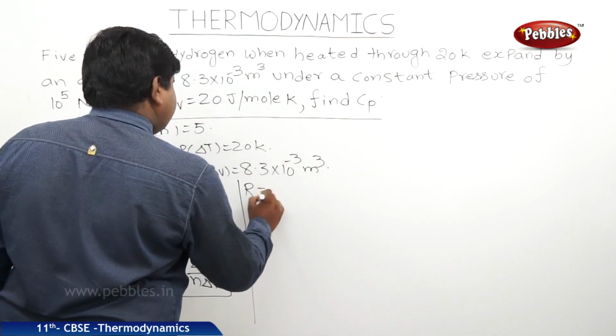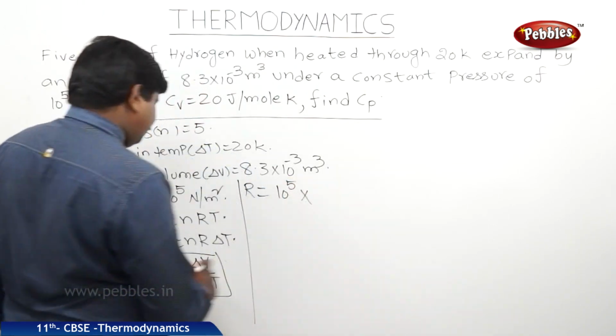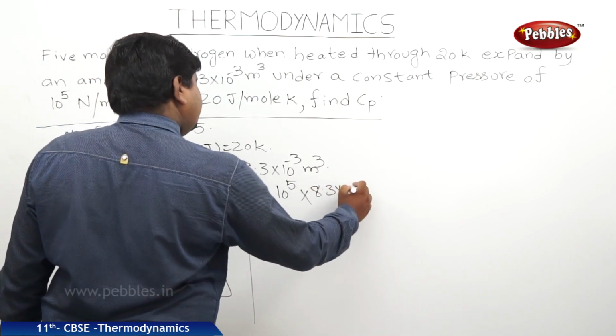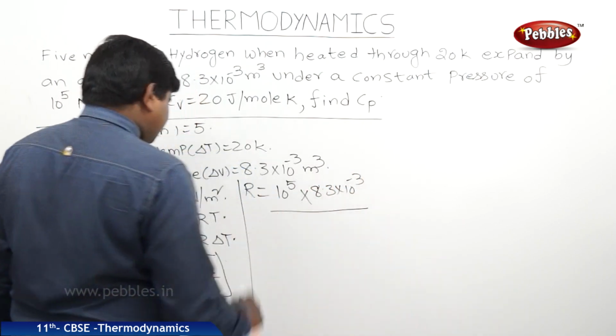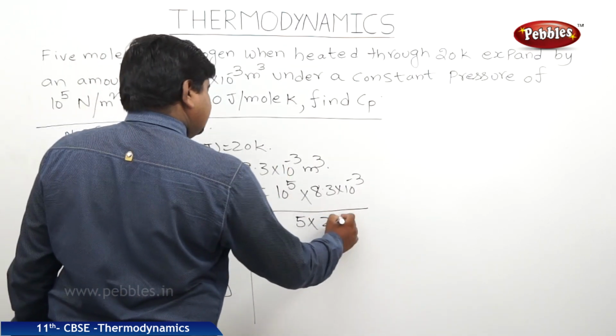Therefore R is equal to, where pressure is 10 to the power of 5, delta V is 8.3 into 10 to the power of minus 3, whole divided by n is 5, delta T is 20.